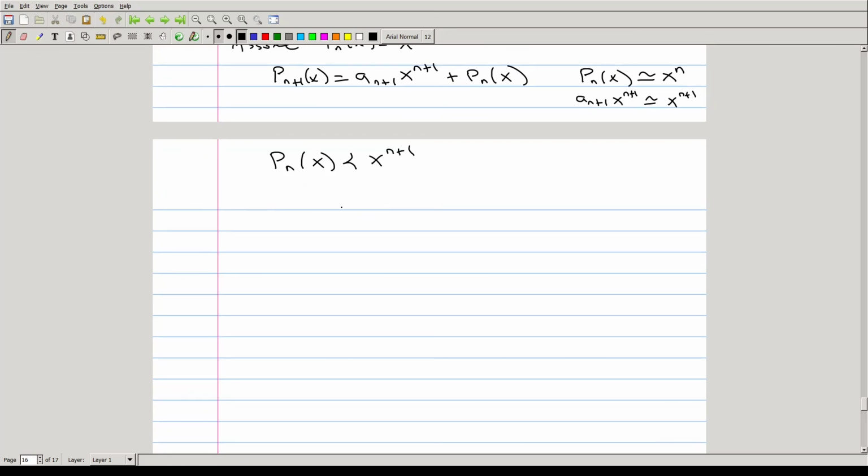And because of this, and the theorem on summations, this means that Pn plus 1 of x is on the same order as x to the n plus 1. And if you want to be specific, it's an plus 1 times x to the n plus 1, but this constant an plus 1 does not matter.